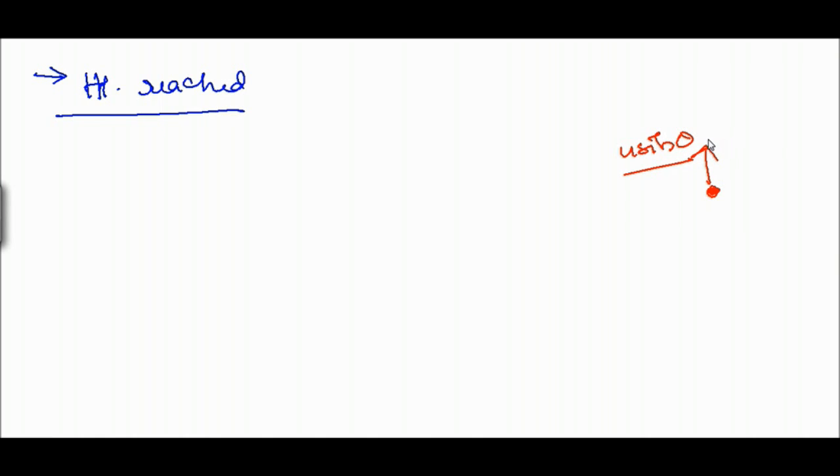Now the third parameter which we are very interested in calculating is the height reached. If we just consider a particle thrown with a vertical velocity component of u sin theta, going up and falling down, at the topmost point its final velocity is considered 0.